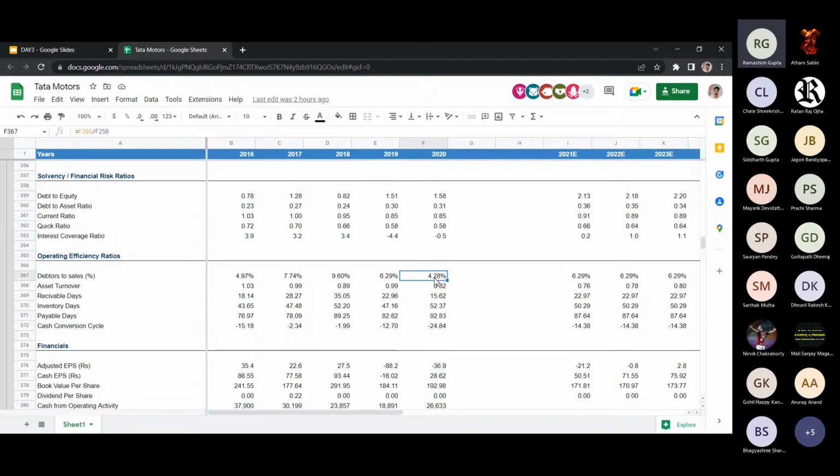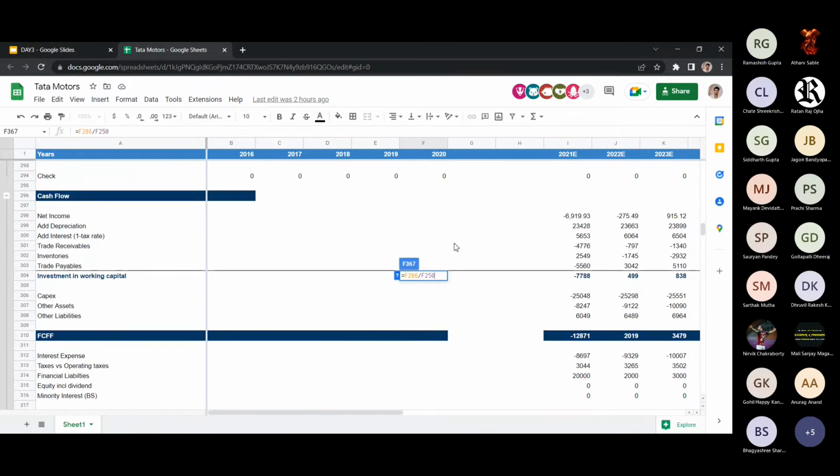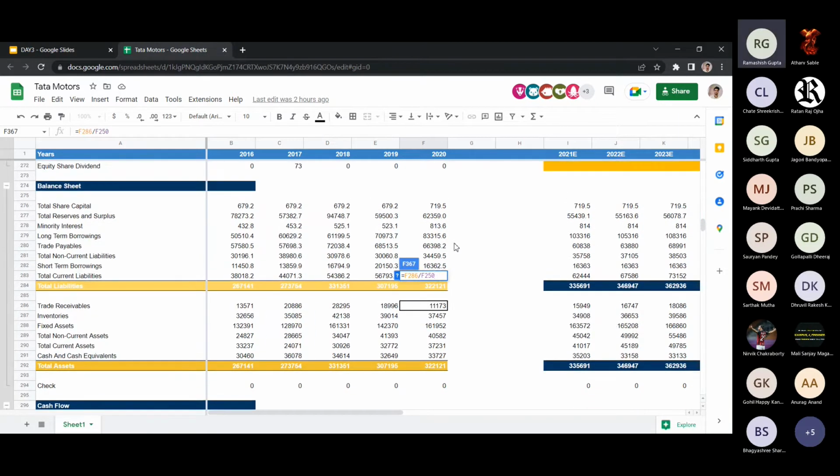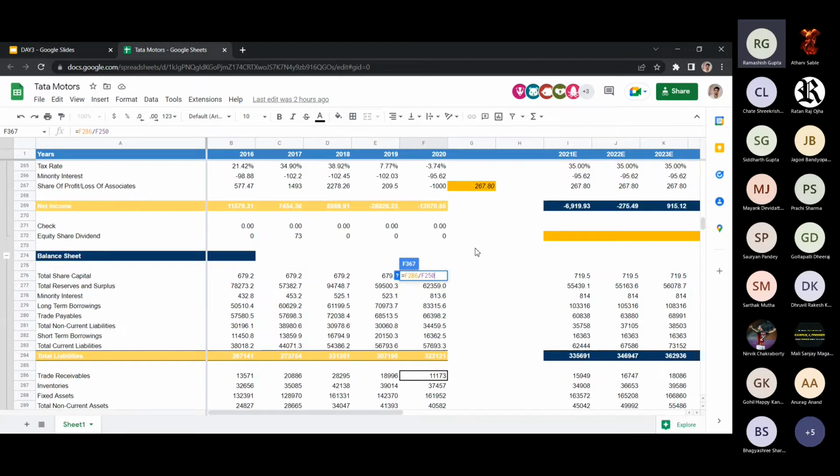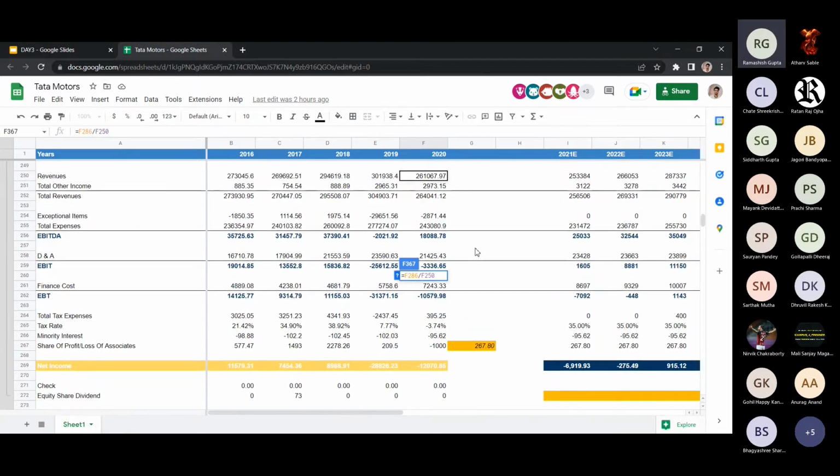Okay, this is receivables to sales. For that, we take the total trade receivables and divide it by the total revenue it has got, to see how much we have received.